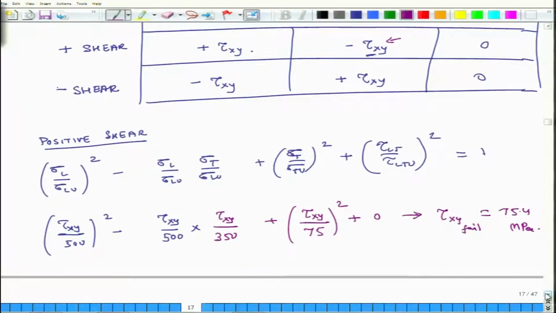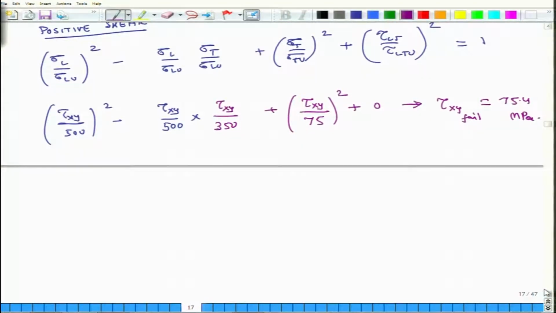And if we are talking about negative shear, then the numbers change.